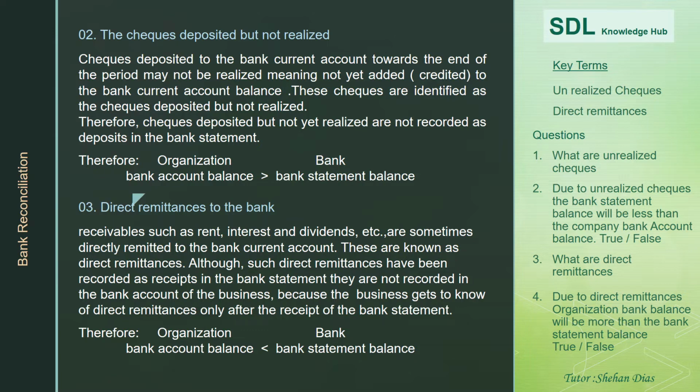But since the organization does not know that such payments are there, because it hasn't come through the organization, it will not be recorded in the organization's bank account. Therefore, the organization's bank account balance will be less than the balance in the bank statement.